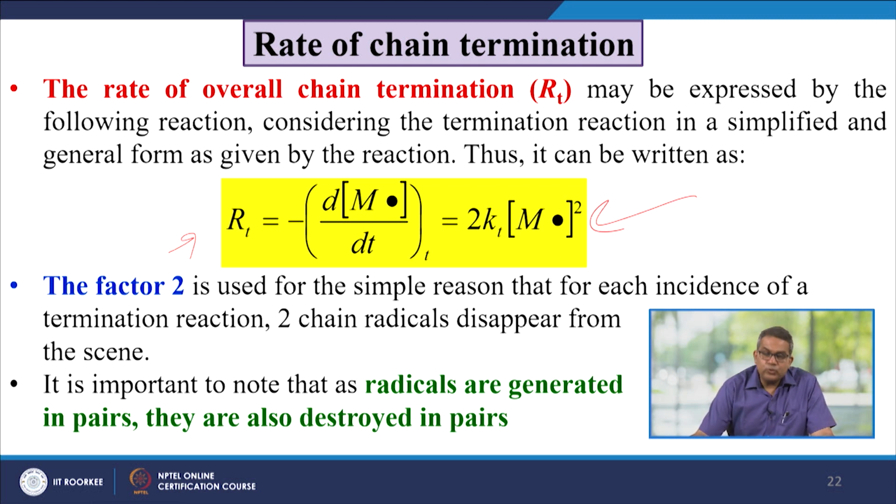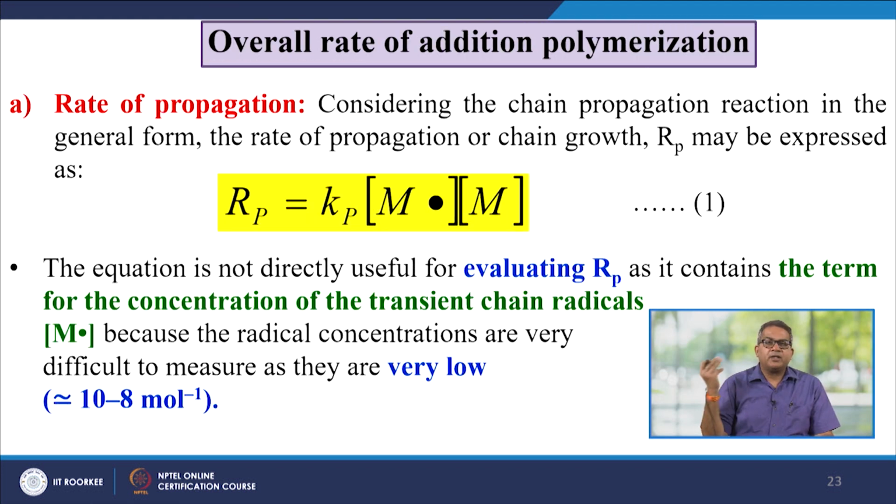The factor 2 is used for the simple reason that with each termination reaction, 2 chain radicals disappear, like this one. So, it is important to note that the radicals are generated in pairs, they are also destroyed in pairs, otherwise one active radical would be left.